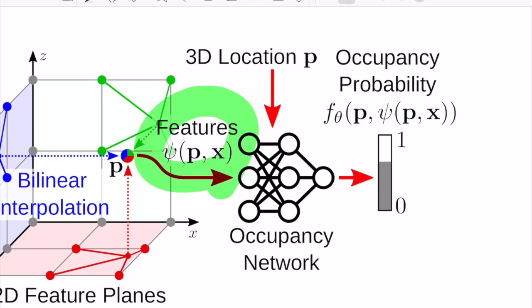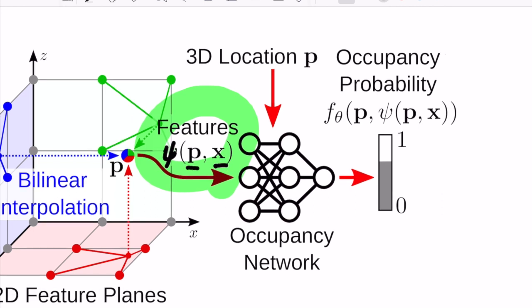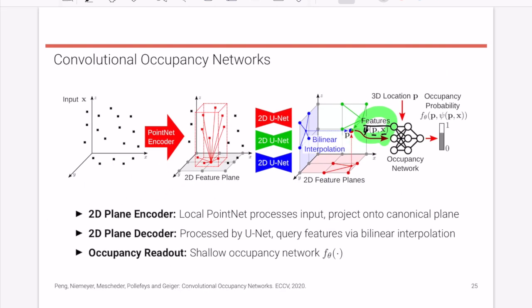In other words, if this pi function can take not just input x but also pixel location p, then this feature is going to be a locality-aware feature map. So this is the key idea of the convolutional occupancy network.